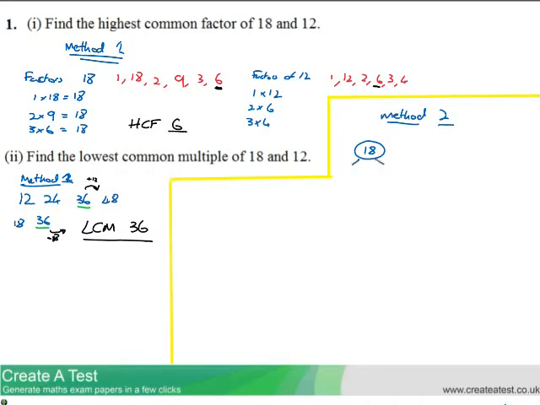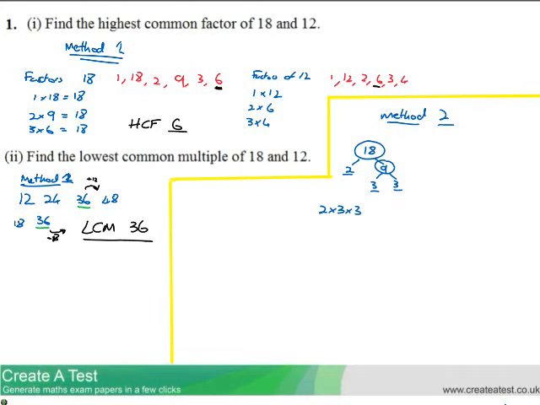So 18 is made from 2 times 9, and 2 is a prime number. 9 can be broken down a bit further, and 9 can be made from 3 times 3, and they are both prime numbers. So 18 is 2 times 3 times 3.